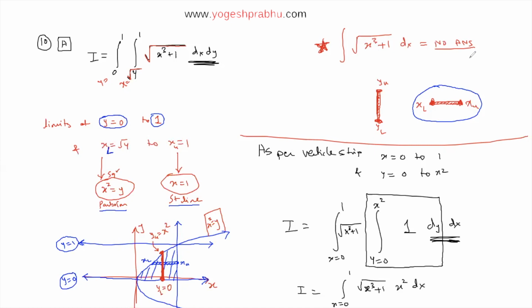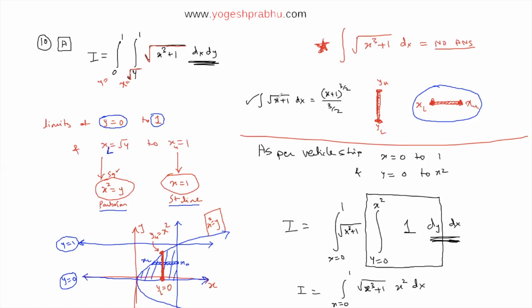Why don't we write the x plus 1 to the power 1 over 2? Integration of square root of x plus 1 dx has the answer, which will be x plus 1 power 3 over 2 divided by 3 over 2.